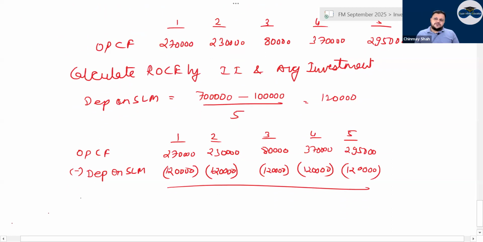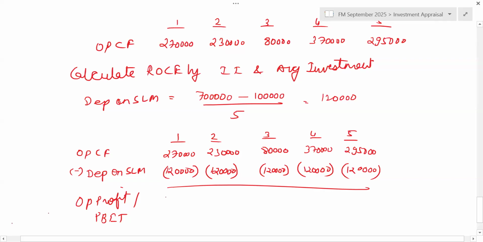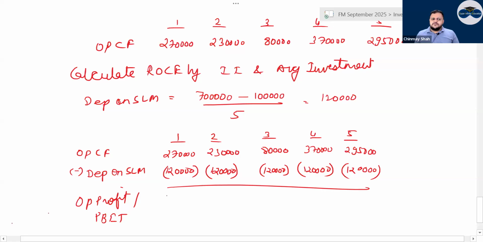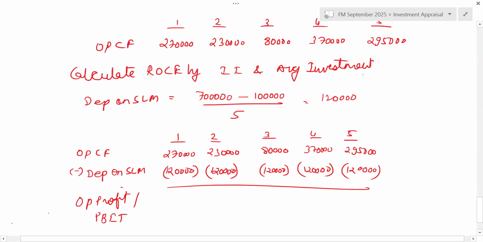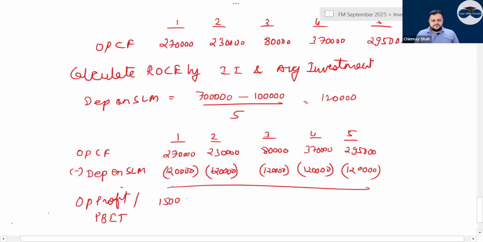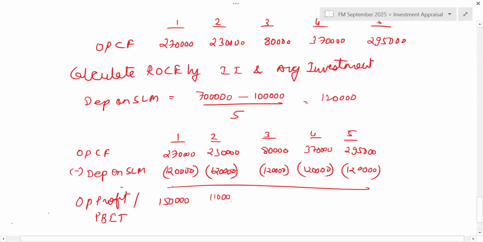How much is the operating profit or PBIT in that sense? First year 150,000. Sorry, 150, you don't have to add. Second year 110,000.